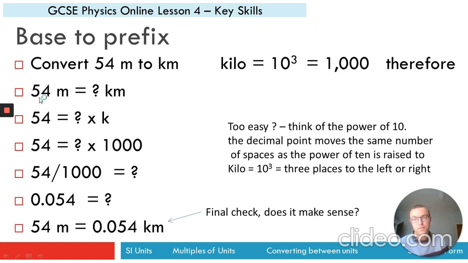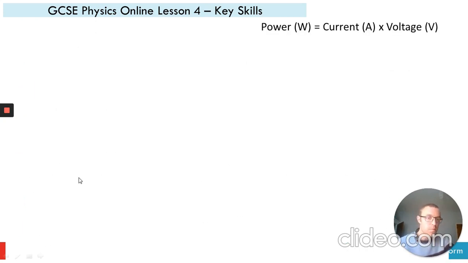So 54 meters is equal to how many kilometers? 10 to the 3 tells you you're going to have to move the decimal place 3 places. If you know that 1 meter is equal to 1,000th of a kilometer, you know that the number needs to get smaller. So your decimal place is going to move 3 places to the left. If that doesn't make any sense, don't worry, just do it in the method that I've just outlined. Okay?